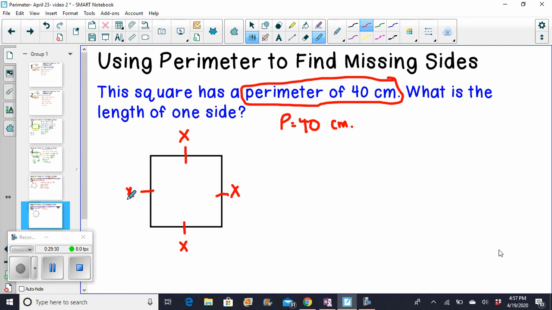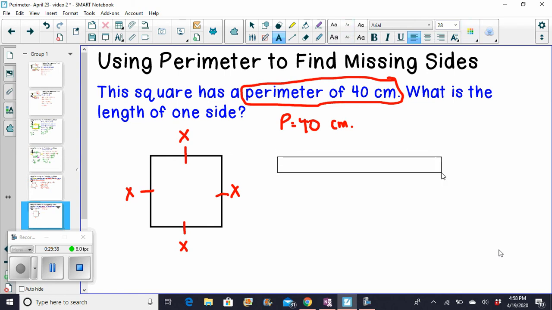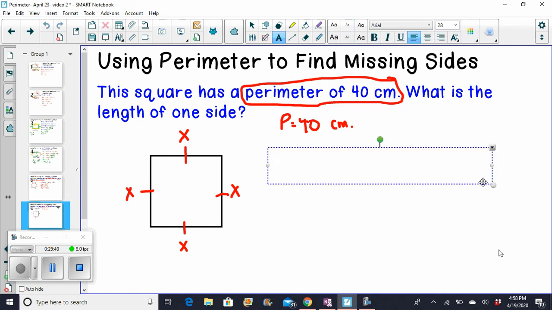and same here, and same here. Okay, so let's go to our formula because we want to use a formula and plug in what we know to find what we don't know. So the formula to find the perimeter of this square would be, we could think of it as length plus length plus length plus length, or I could think of it as length times 4, because they're all going to be exactly the same.